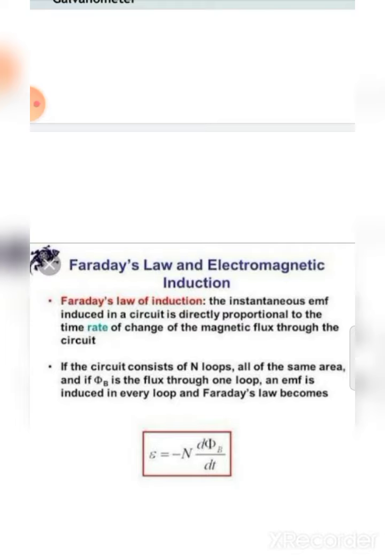According to Faraday's second law, the magnitude of the induced EMF in a closed circuit is equal to the time rate of change of magnetic flux linked with the circuit.